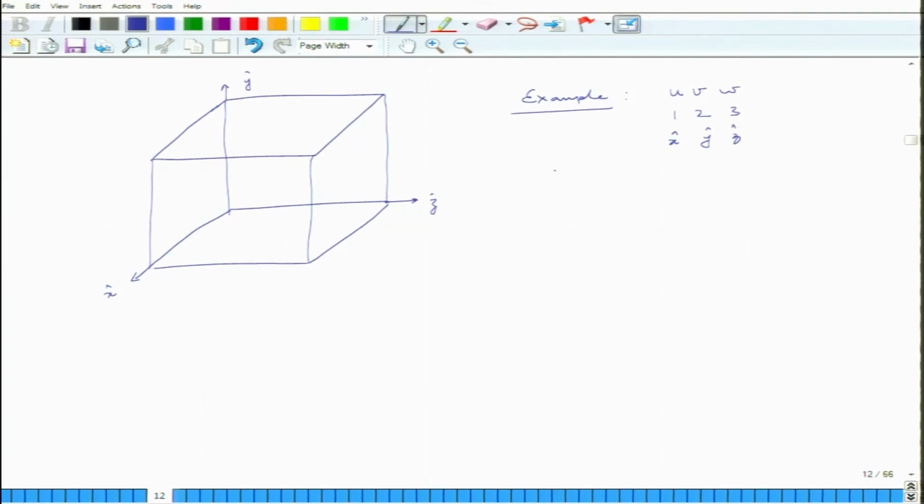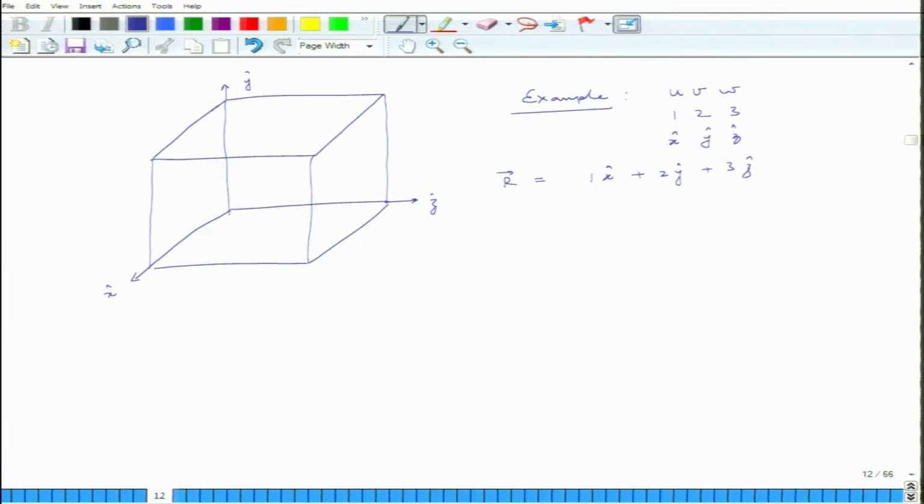So, basically it is 1 of x plus 2 of y plus 3 of z. That is how you will represent a vector r, right.